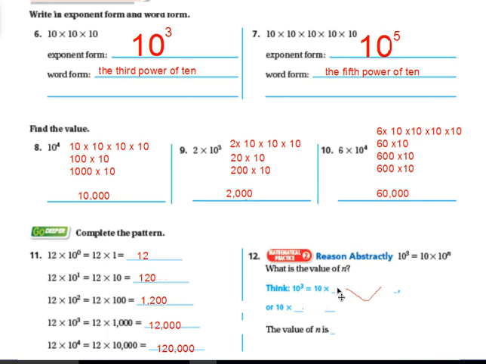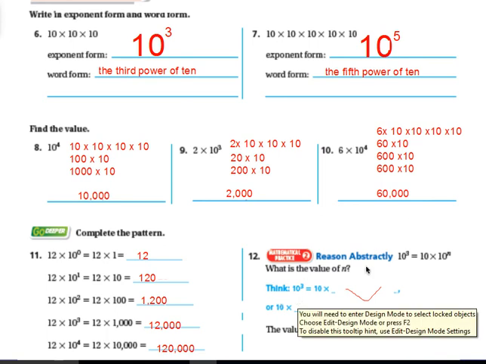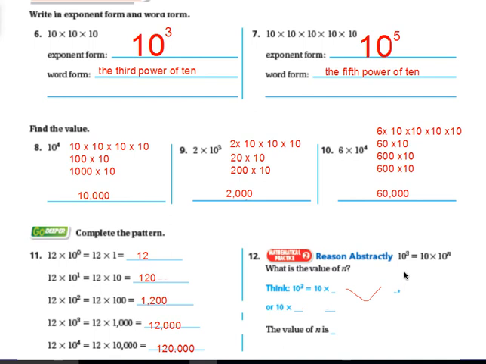Okay, let's talk about this part now. If n just means a number, what number is missing? So if I have 10 to the third power, it is the same as saying 10 times 10 to what power? Well, if I write it down, I can have 10 times, and what's my base? 10 times 10, because I have to have 3 of them.